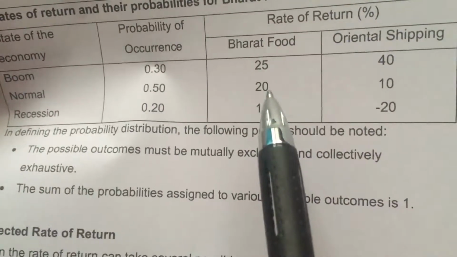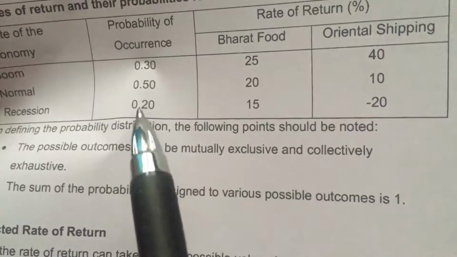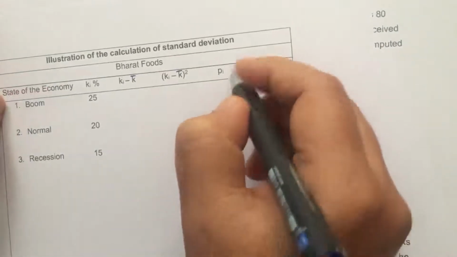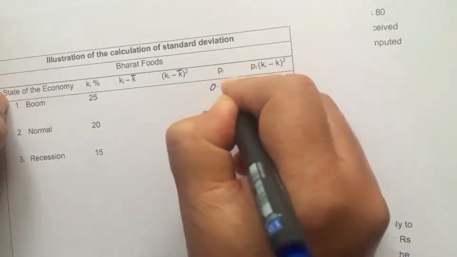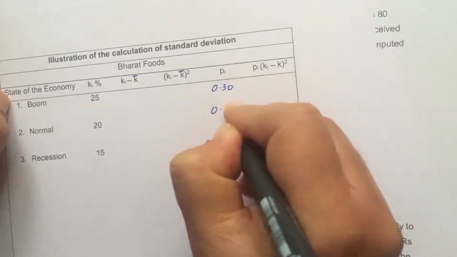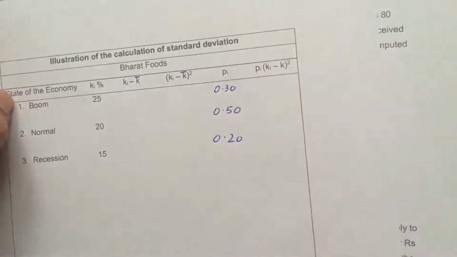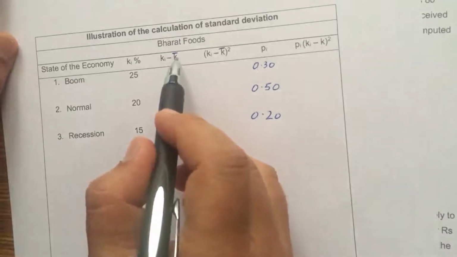That there will be 20% return, 0.5, and 15% return, 0.2. So let's write that here: 0.3, 0.5, 0.2.